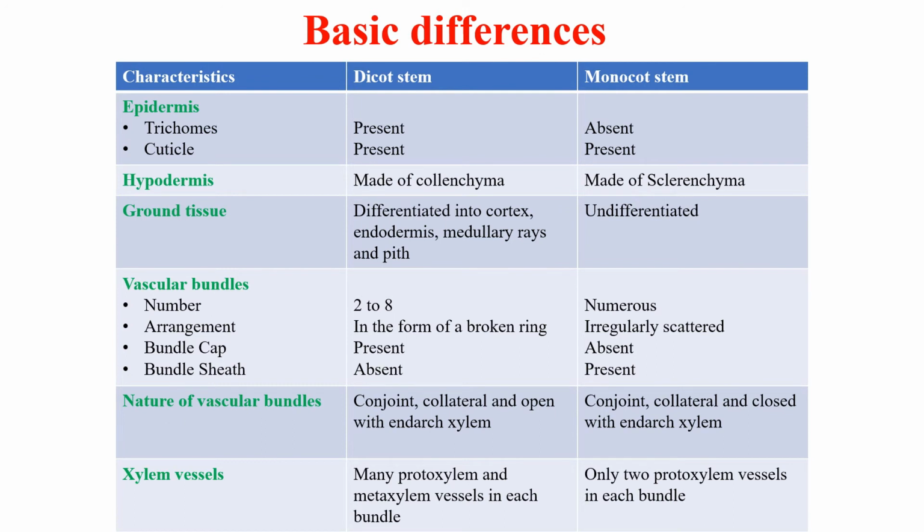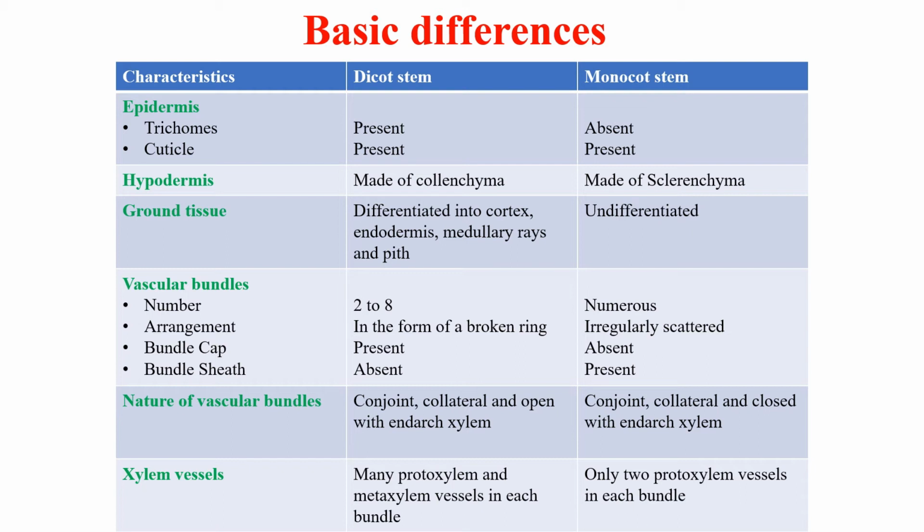So in this slide, I am showing some of the basic differences among monocots and dicots. For example, one of the major differences that I can think of is the difference in the presence of trichomes. A lot of the dicots have trichomes present on their bodies, whereas monocots normally don't have any trichomes, and so is the case with cuticle.